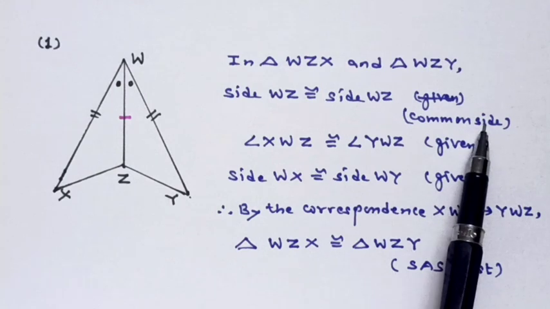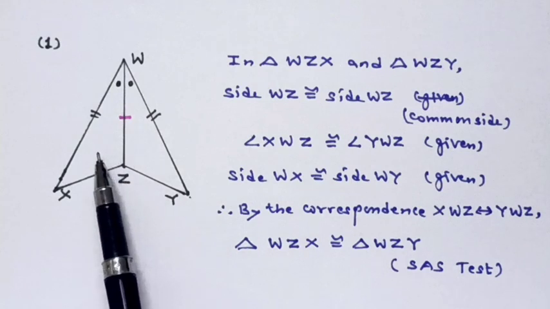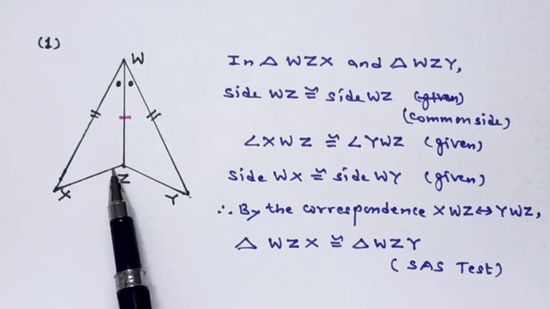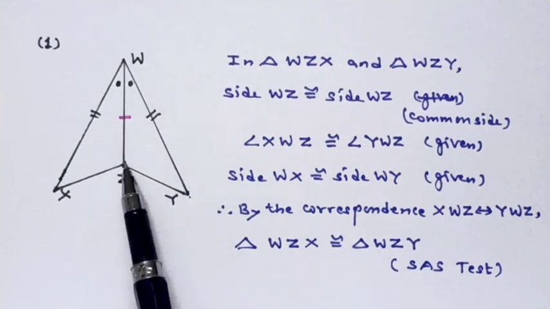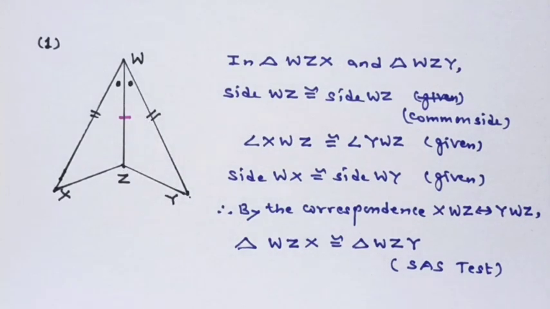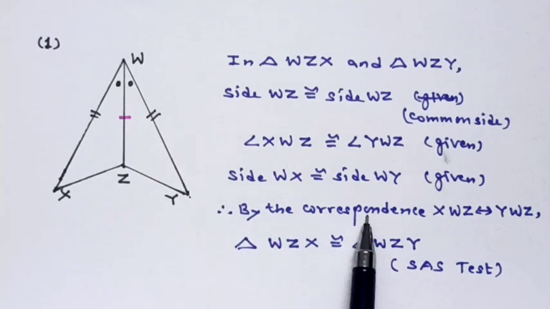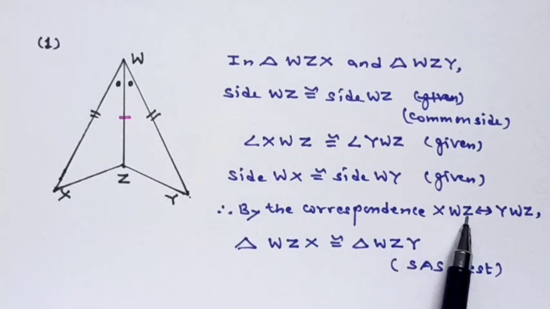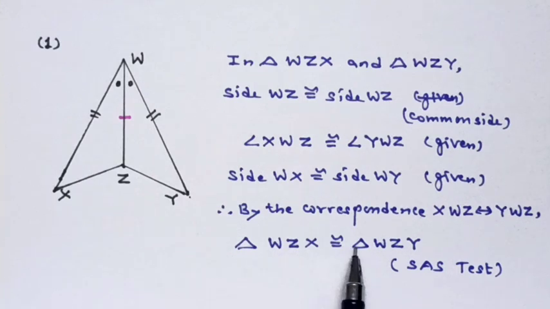A very important aspect. And then angle XWZ is congruent to angle YWZ. So you can see here side, angle, side. So by the correspondence XWZ to YWZ, you will write triangle WXZ is congruent to triangle WYZ by the SAS test.